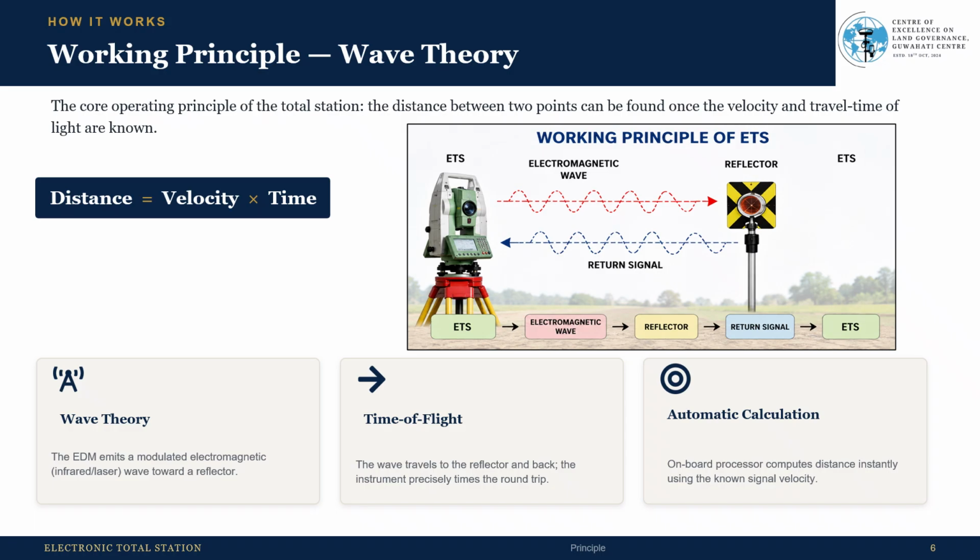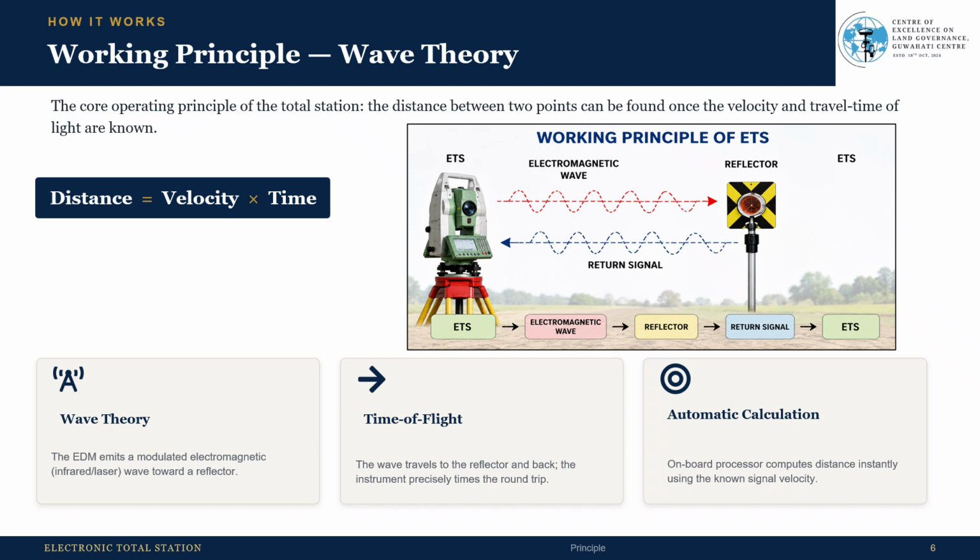Now let us understand the basic principle behind electronic distance measurement. The distance between 2 points can be determined when the velocity of the signal and its travel time are known. The EDM unit sends a modulated electromagnetic wave towards a reflector. The signal travels from the instrument to the reflector and then returns to the instrument itself.